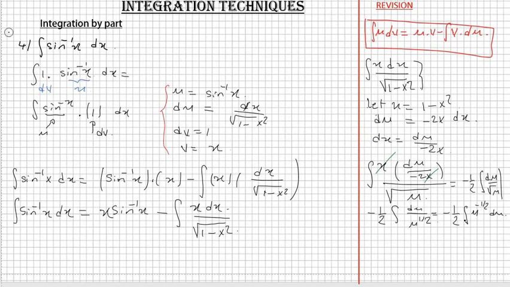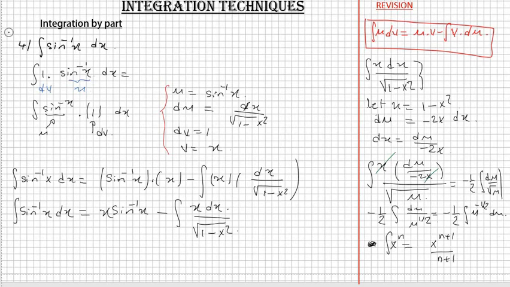From this step we can apply this rule here. If you have a function x to the power of n, if you integrate this function, you are going to have x to the power of n plus 1, and then you divide by n plus 1. So n represents the exponent.